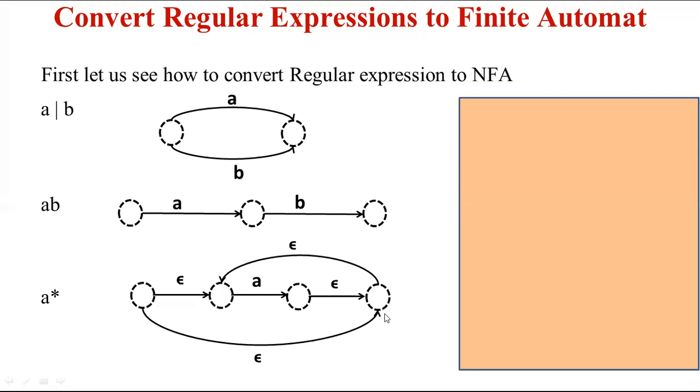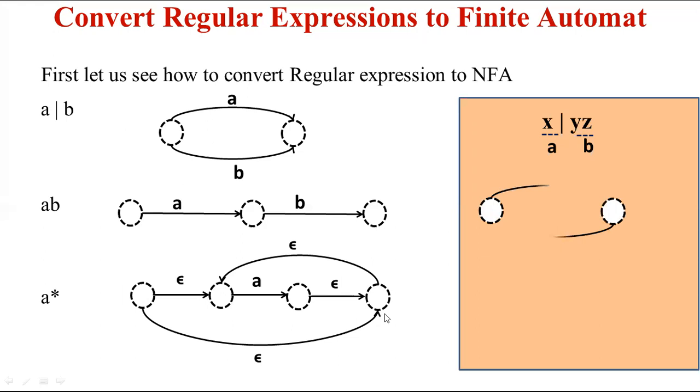For example, we take a regular expression x or yz. This we can represent like this, x as A and yz as B. So here we can represent this by using two states and two transitions between them.